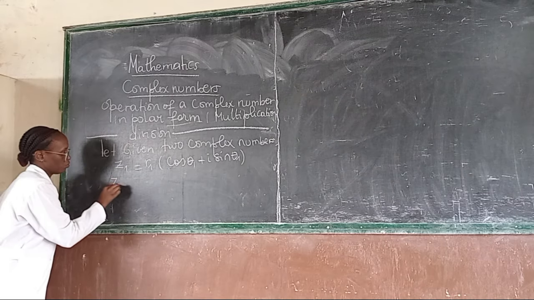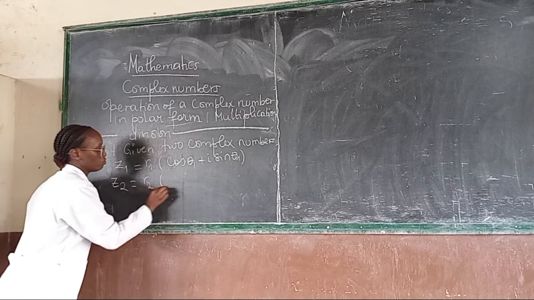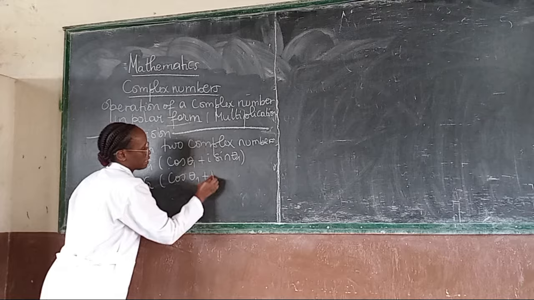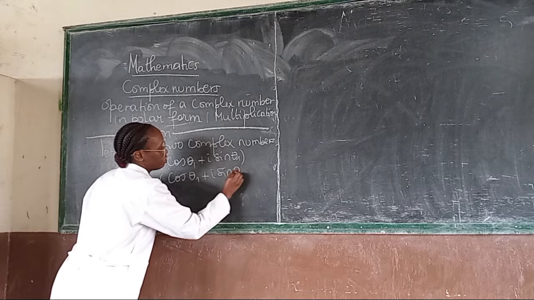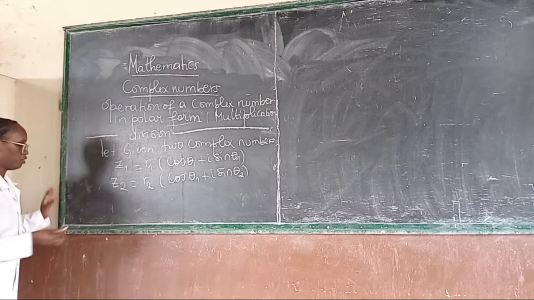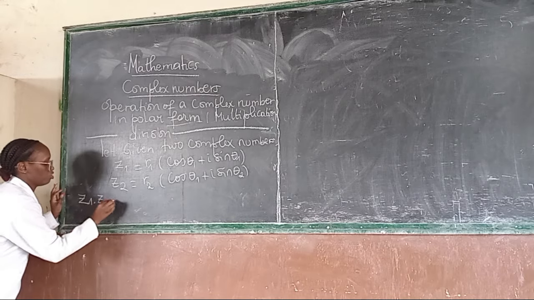We have also z2, which is equal to modulus 2 (cosine theta 2 plus i sine theta 2). We are going to start with multiplication. So what will we have if we take z1 times z2?